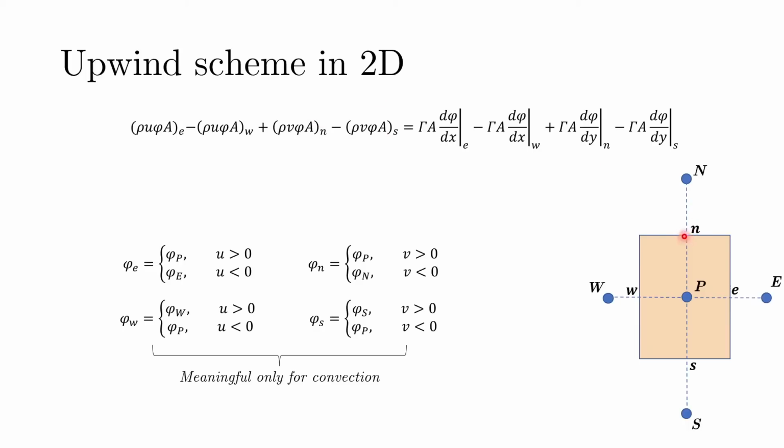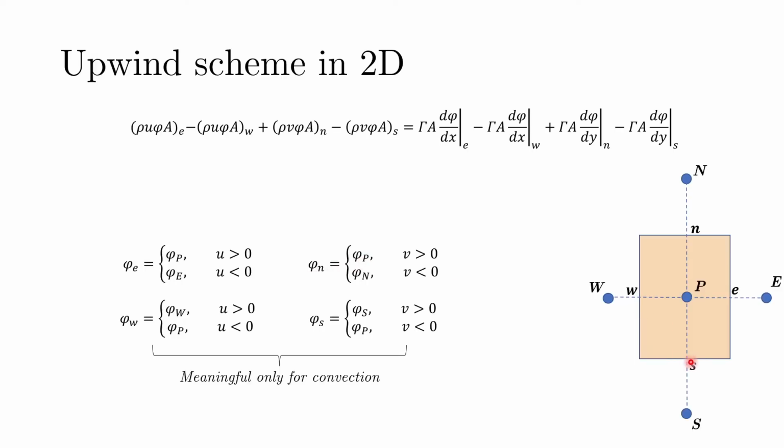To simplify that, if I think of a flow going in the positive y direction, or when v is greater than 0, then phi at this small n, the north face, has its upstream node point at P. So phi small n would be the same as phi capital P, because that is what is upstream to the north face.